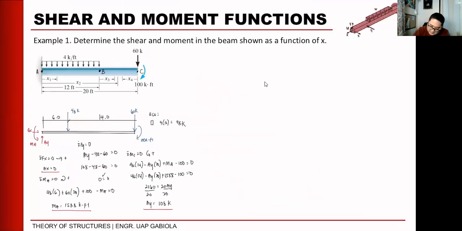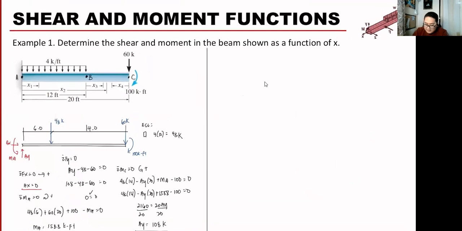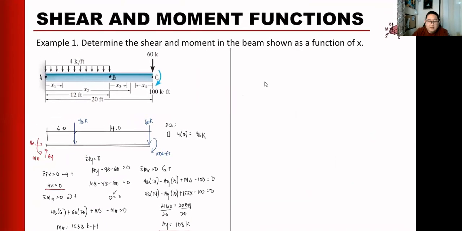Okay, next. Ngayon pinapahanap yung value ng shear and moment natin depende sa segment natin. So ibig sabihin, ilan yung segment natin? We can cut this segment into 2. So, pwede itong segment na to and ang segment na to.